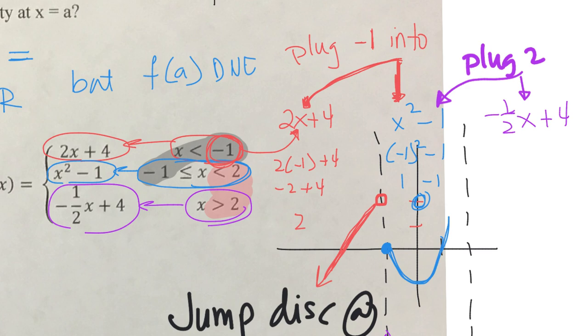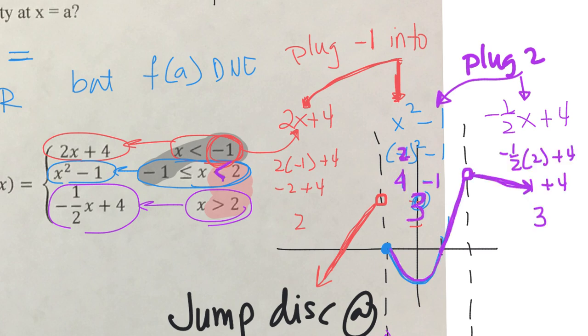Okay, so plug 2 in there and see what you get. When I plug 2 into both of these equations, I get a y value of 3 from the left. 4 minus 1 is 3. And I get a y value of 3 from the right. Negative half of 2 is -1. -1 plus 4 is 3. So I do get the same from the left side and the right side.